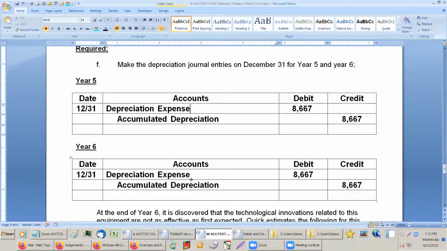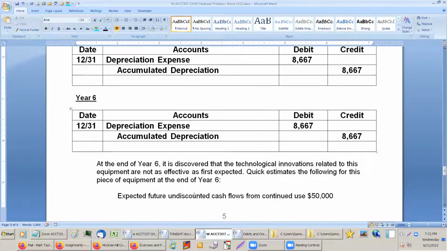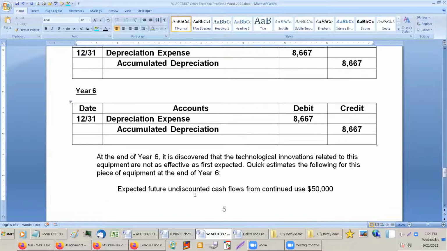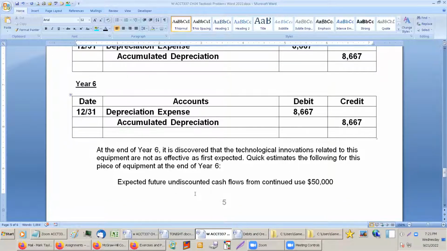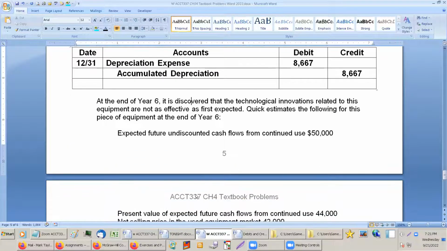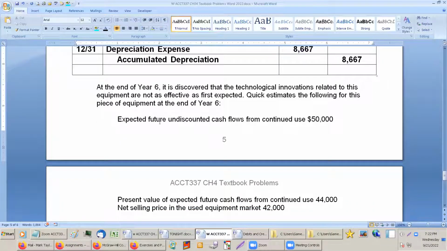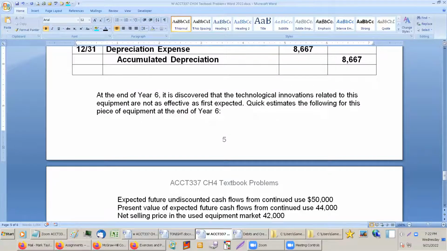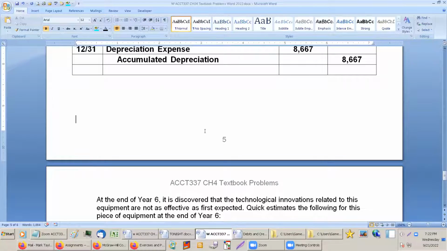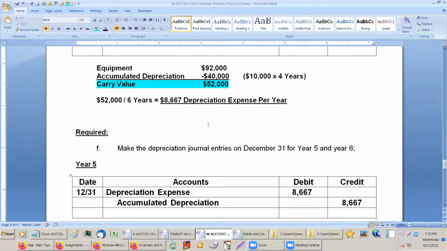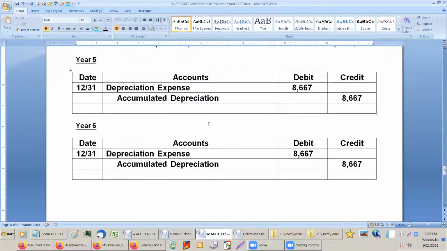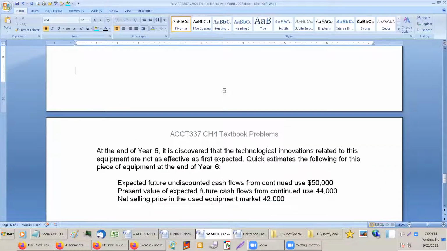So going forward, we just make these same entries. I know what you're saying, hey, I hope this gets more complex. Hey, it does.